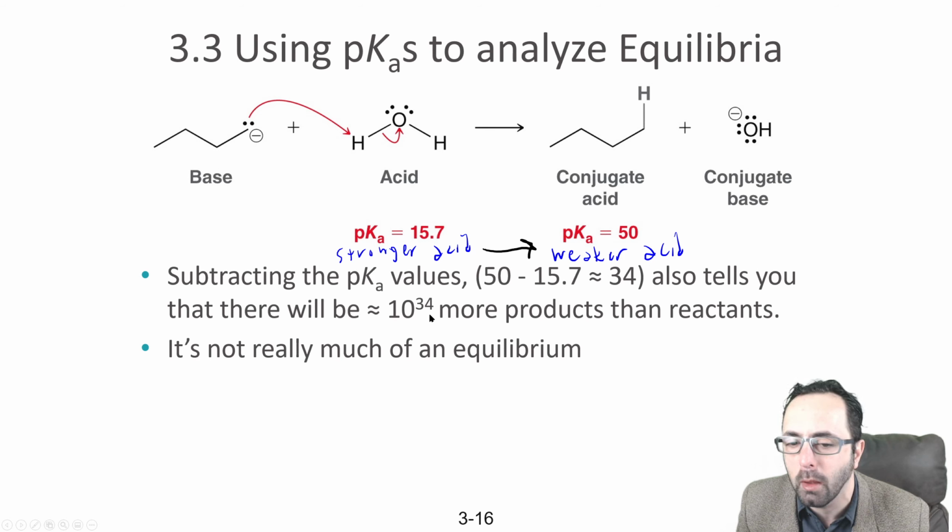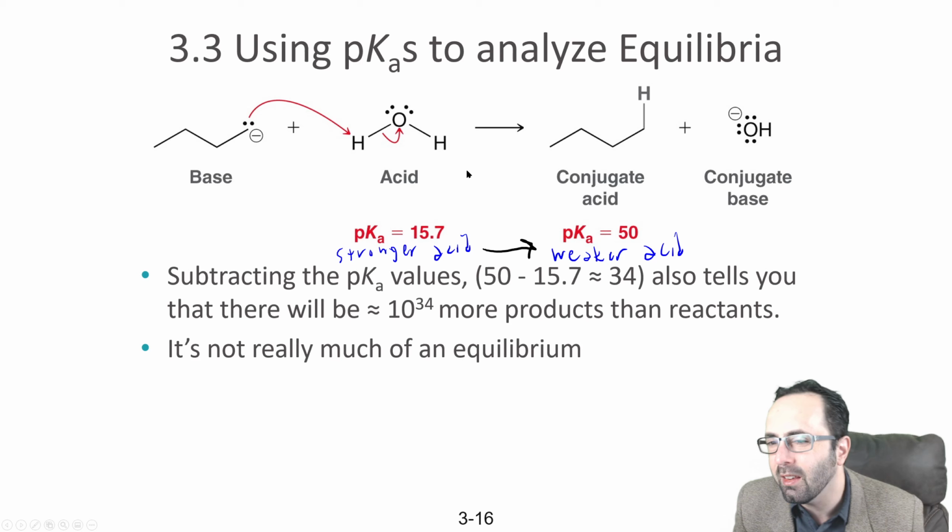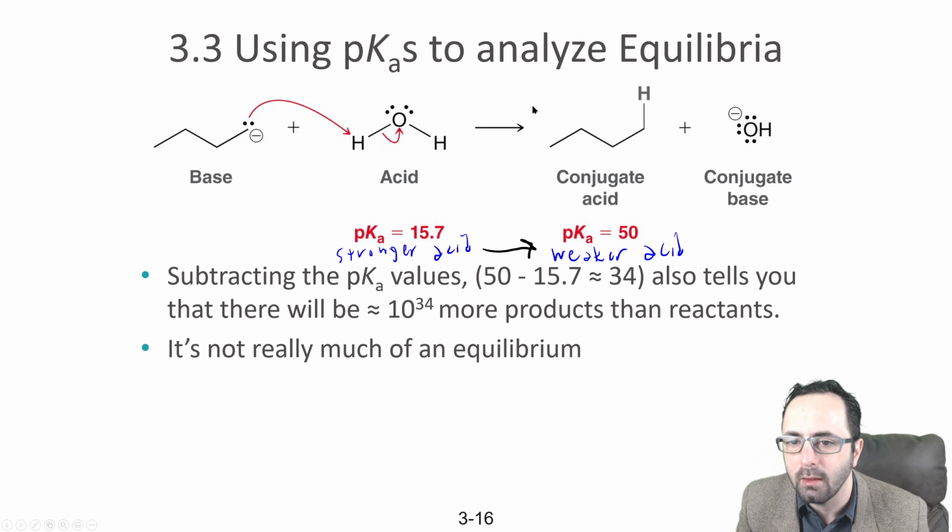The difference here is about 34, so this is going to be about 10 to the 34th power more of the products than the reactants. So this can't even really be considered an equilibrium. In these cases we might write a one-way arrow, just indicating that this is going all the way to the right. It's hardly going to the left at all. Very, very little.